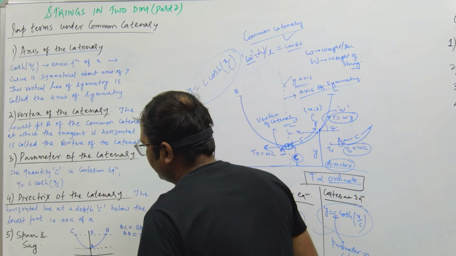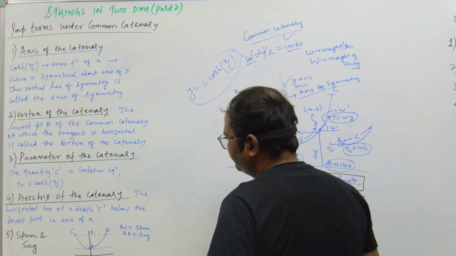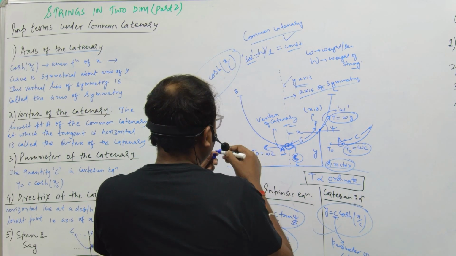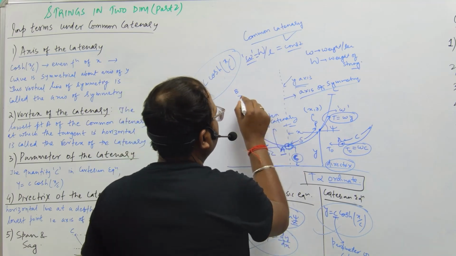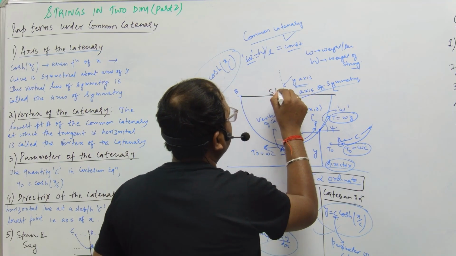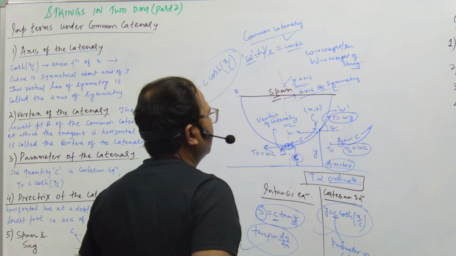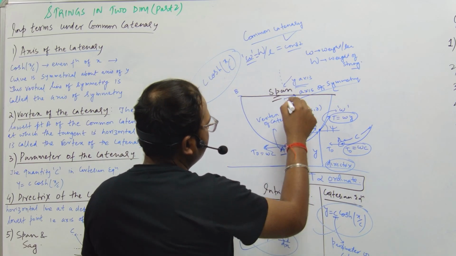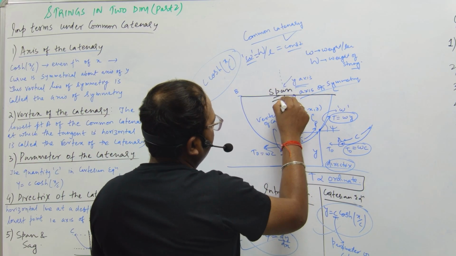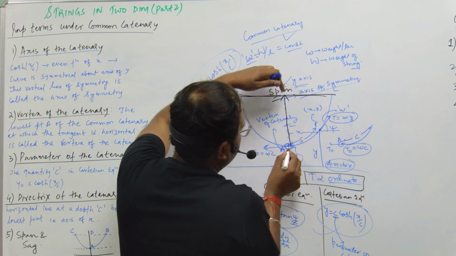Now we have the span and the sag. So this is the basic structure of the catenary. This length BC is the span, and sag is this one, AD.